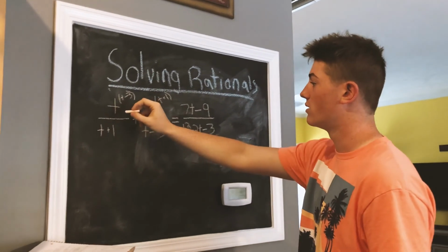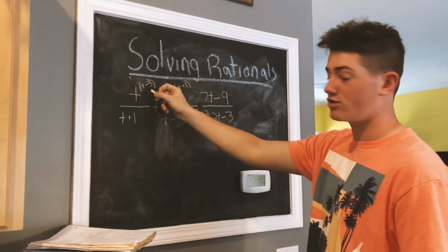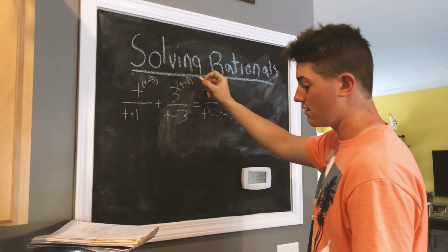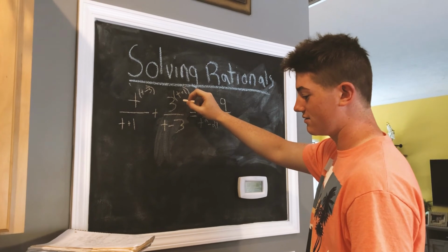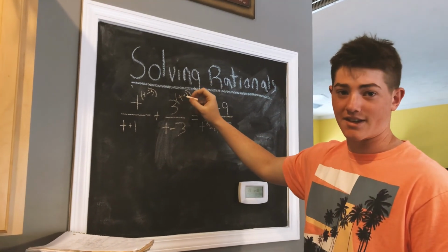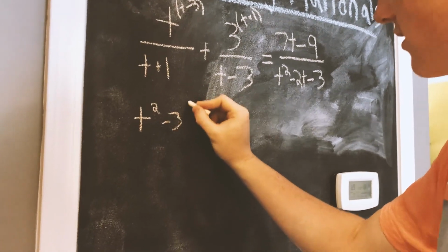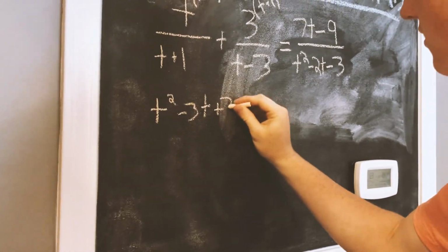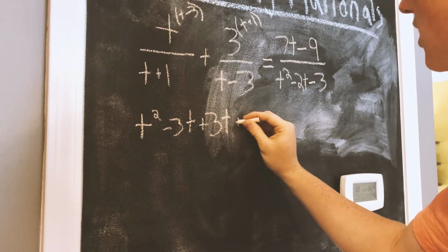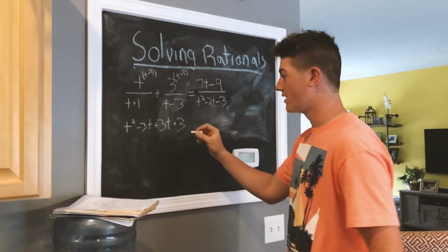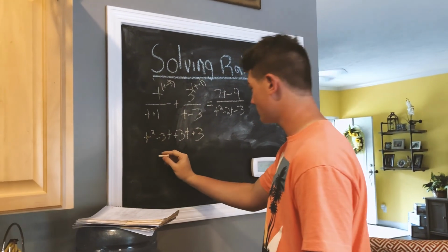And then we will do the distributive property for these and add them together. Alright, so now you have to add your like terms.